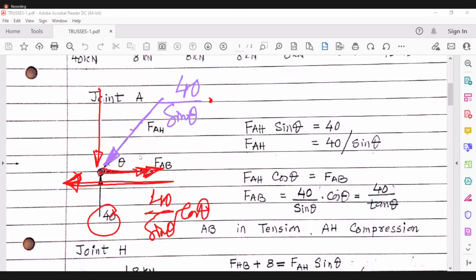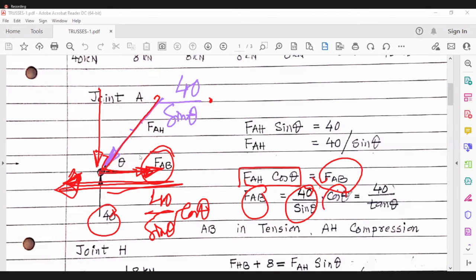Children, did you understand this much? Yes, sir. So FAB, first of all FAH cos theta, this is FAH, its cos theta component is here, that has to be equal to FAB, so FAB is equal to 40 by sine theta into cos theta, which is 40 by tan theta.